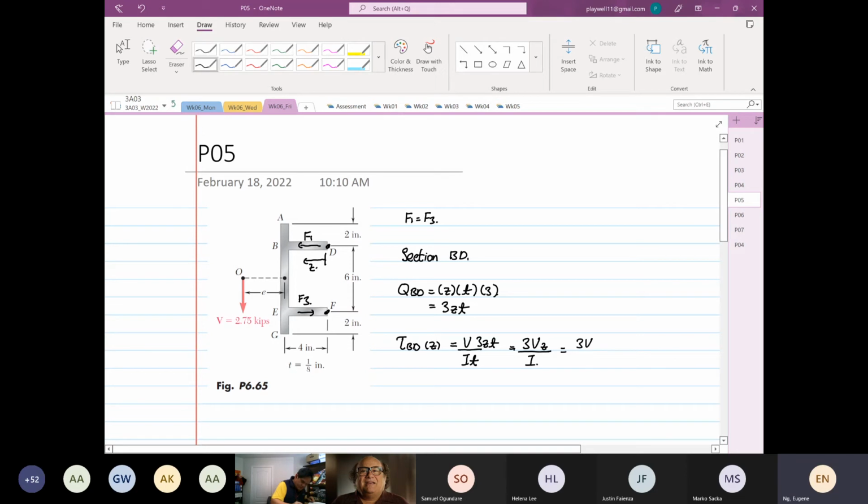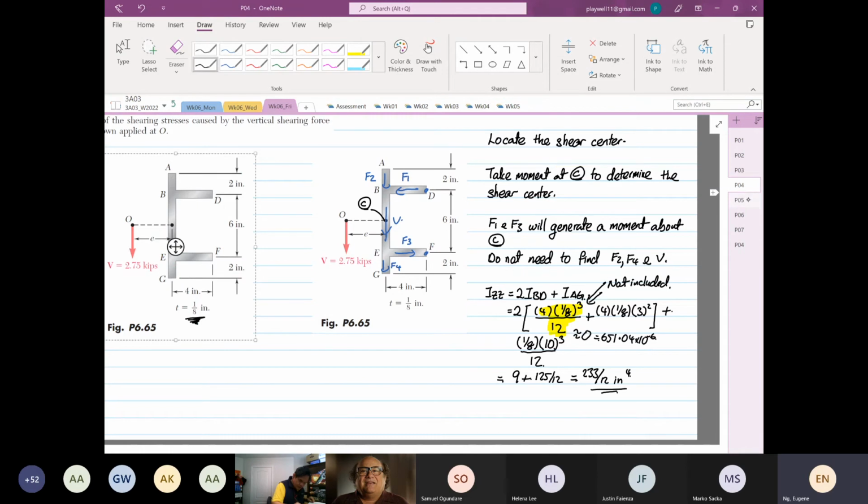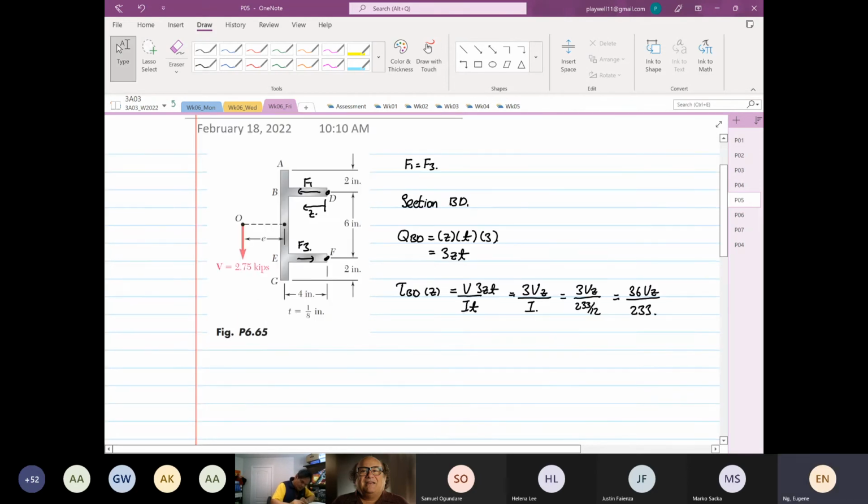So 3VZ, our I come in to be what? Our I is 233 over 12. Okay, 233. So this will become 36 VZ over 233. Okay. Then the same thing, we have our forces for BD.